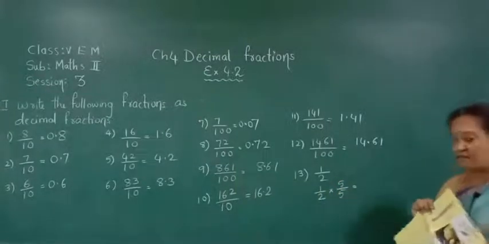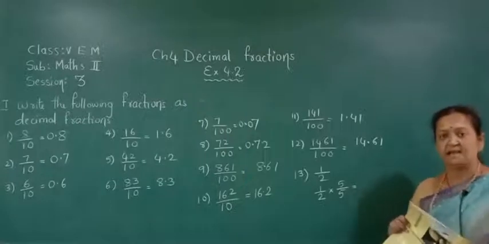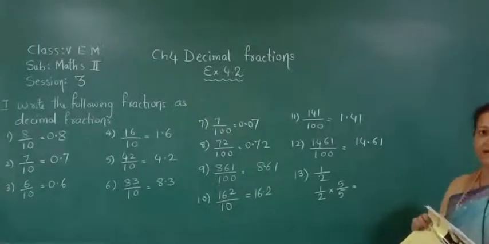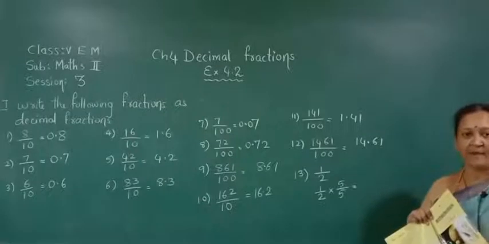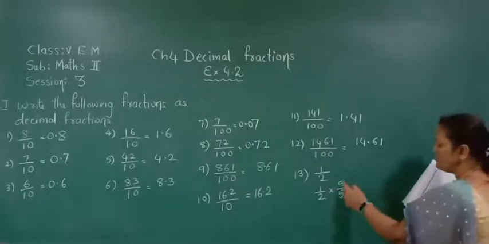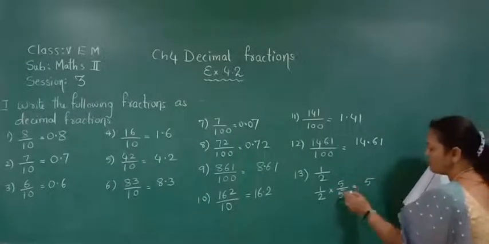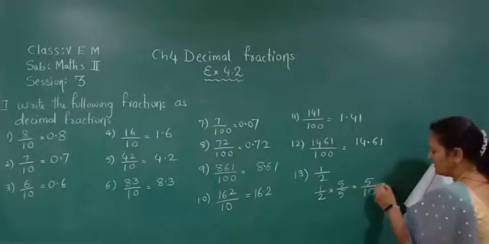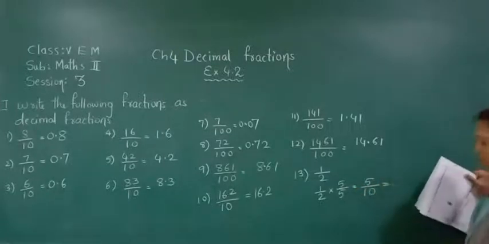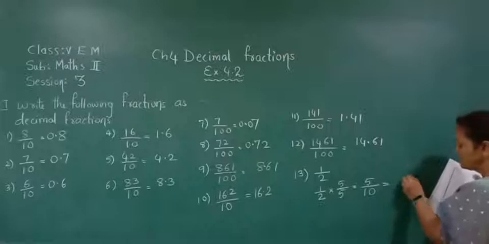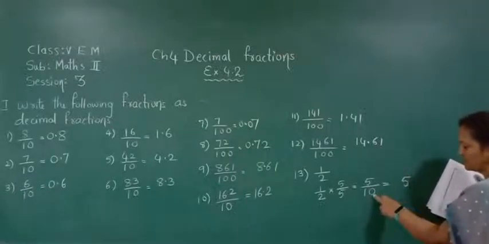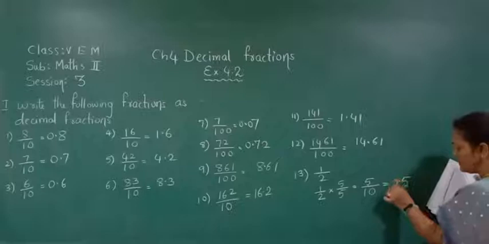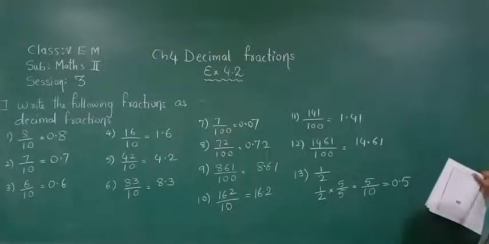So in the 2 table we find 2 5s are 10. So both numerator and denominator you should multiply by 5. So 1 5 is 5 we get and 2 5s are 10. Then here in decimal form we write 5 as it is, then count 1 zero, put the decimal, and it is 0.5.